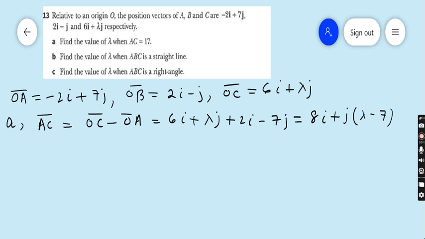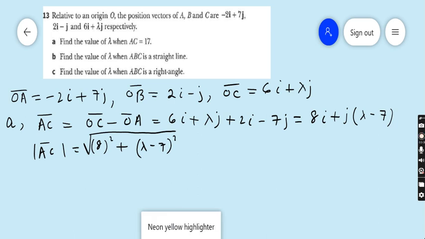Now find the magnitude of AC: the square root of 8 squared plus lambda minus 7 whole squared.